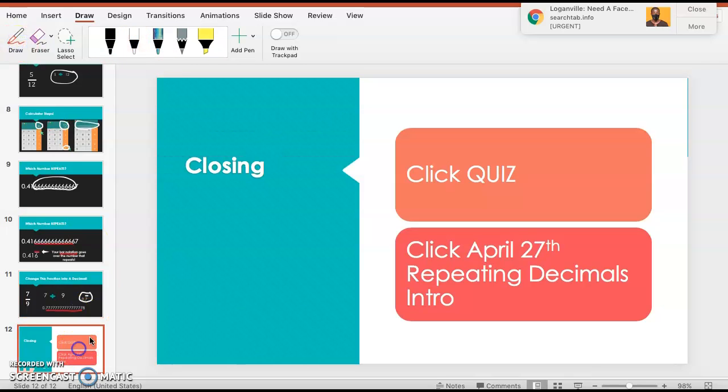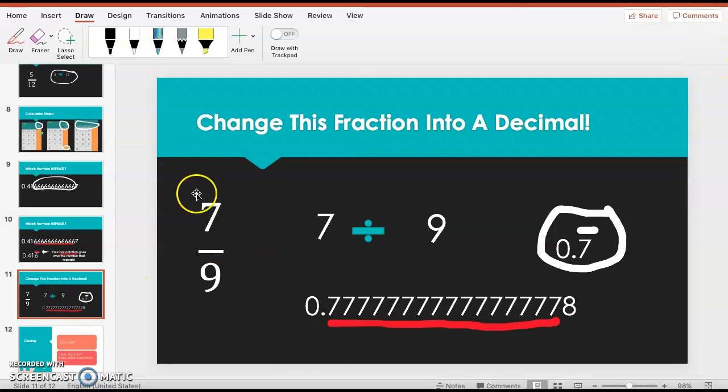Next, you're going to go into your quizzes and click April 27th, repeating decimals. You're going to take this quiz, and it's the same thing. I'm going to ask you to put a fraction into a decimal, but you have to make sure you pick the right answer. It needs to have the bar notation on top if it's repeating.